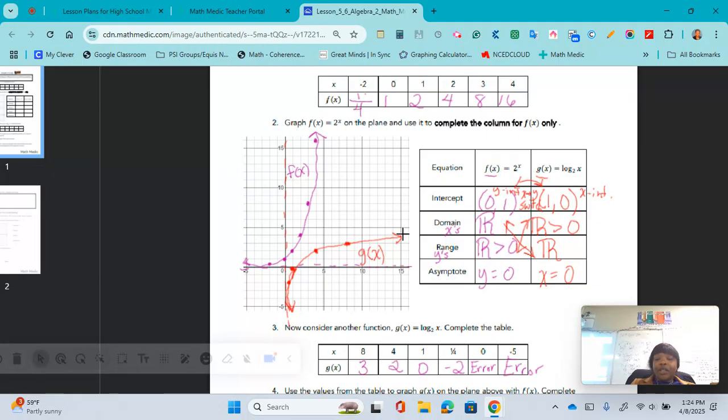What was the domain for our logs became the range for our exponential. And we also switched our y and our x asymptote. That is the reason why we said that exponentials and logs are inverses or opposite of each other.